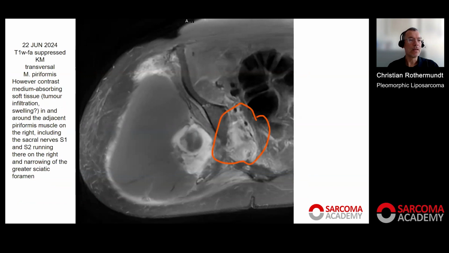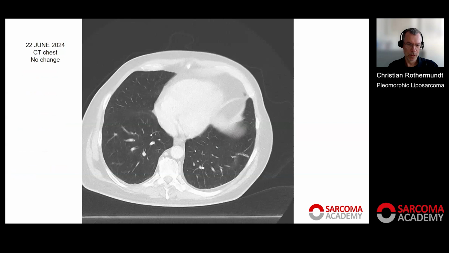You can see this again here probably. However, there is contrast medium absorbing soft tissue in and around the adjacent piriformis muscle on the right, including the sacral nerves S1 and S2 running there on the right and the greater sciatic foramen. So, disease progression in a very unpleasant area. We did a CT scan again of the chest, no change there, so no metastases.